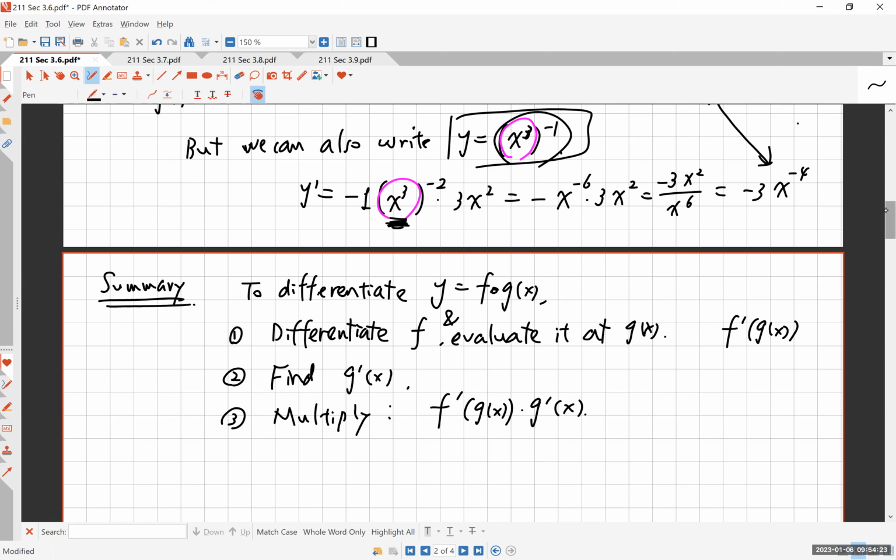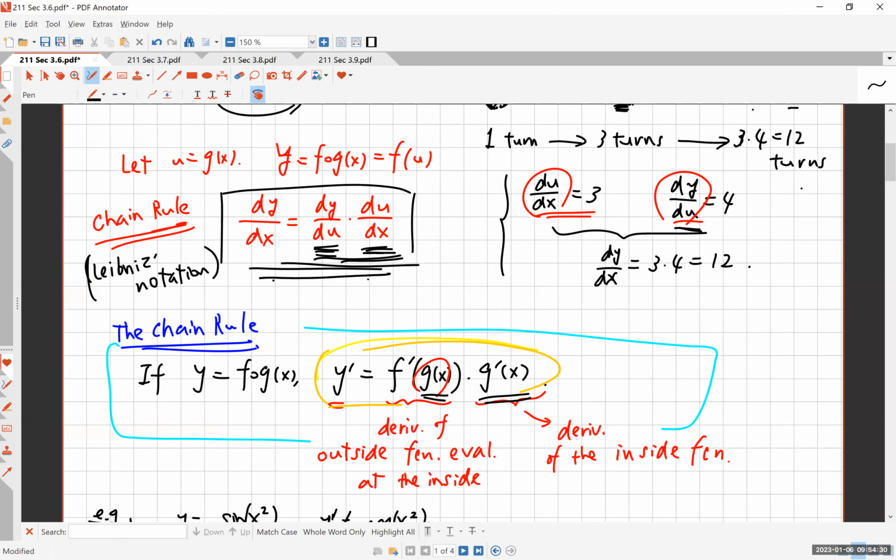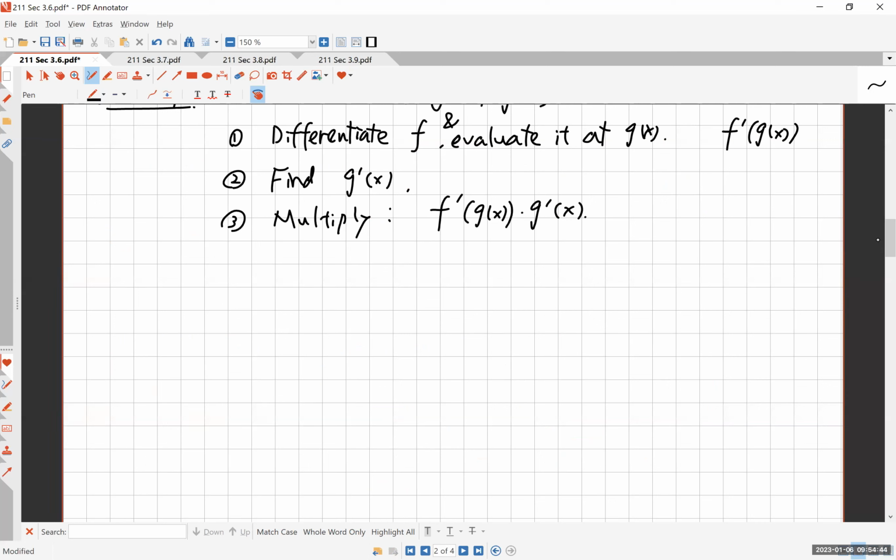It may be striking to know that what I just said is equivalent to the Leibniz notation, but it really is the same thing. This part is f prime of g of x, and this is g prime of x. All right, I hope this is clearly understood.